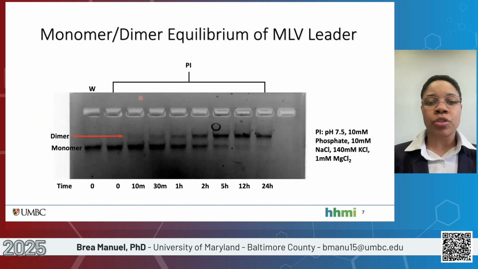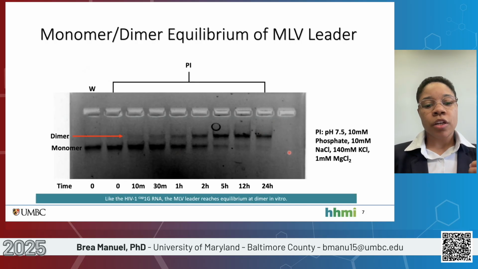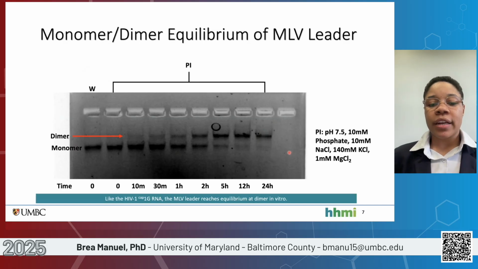We then introduced salt at physiological conditions, and we increased our incubation time. As we increase our incubation time, we notice the appearance of a slower running band indicating an increase in size, which we conclude to be the dimer. For this RNA, after about 24 hours, we reach equilibrium at dimer. So we conclude from this that, like the HIV-1 cap1G RNA, the MLV leader reaches equilibrium at dimer in vitro.